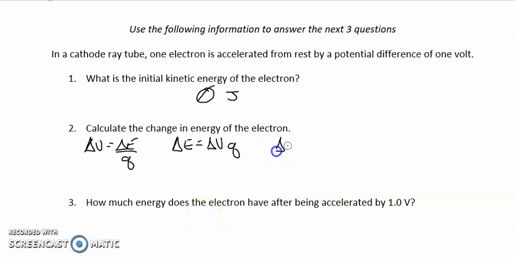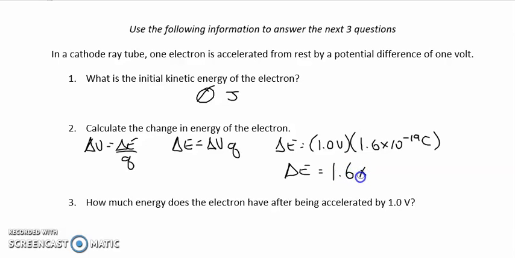We have been told that this is 1.0 volts, and the charge being 1.6 times 10 to the negative 19 coulombs means that the change in energy is going to be 1.6 times 10 to the negative 19 joules. So how much does it have after being accelerated by 1 volt? Well, this electron is going to have 1.6 times 10 to the negative 19 joules of energy.